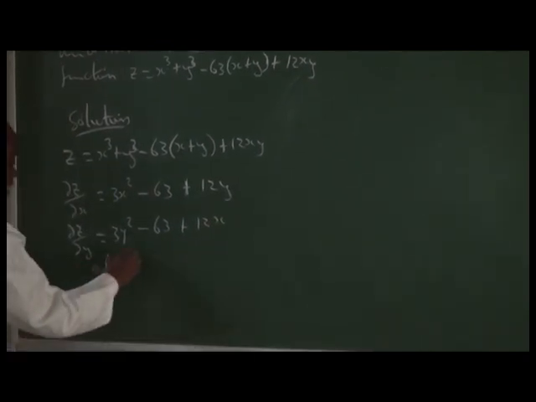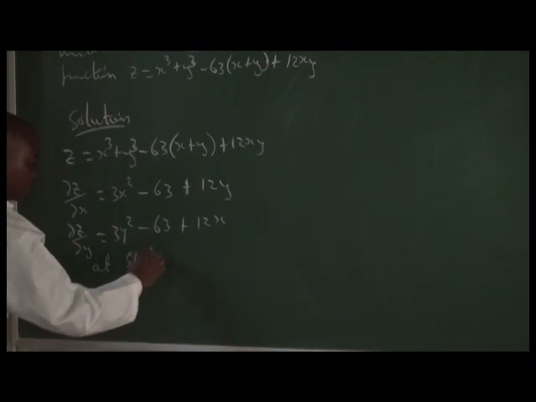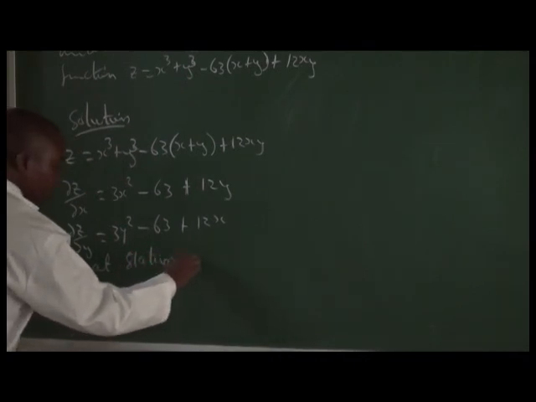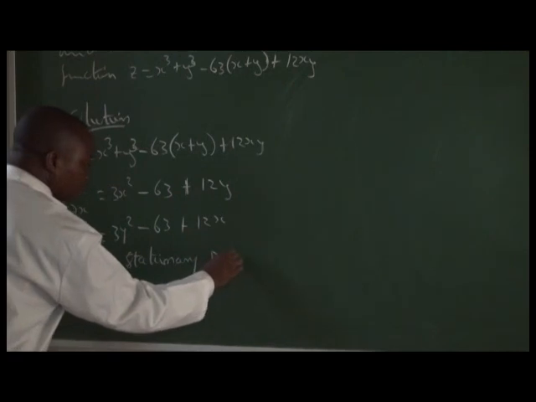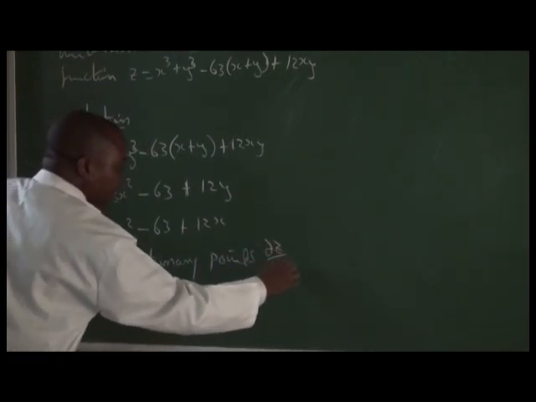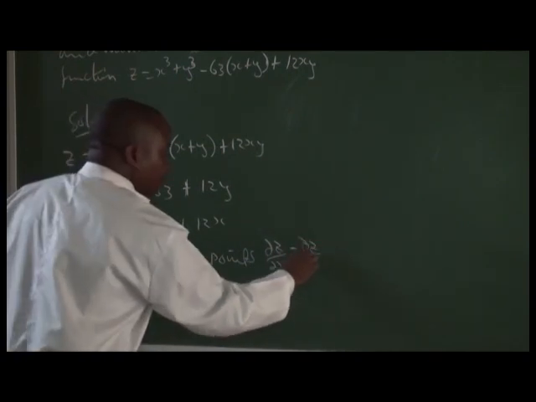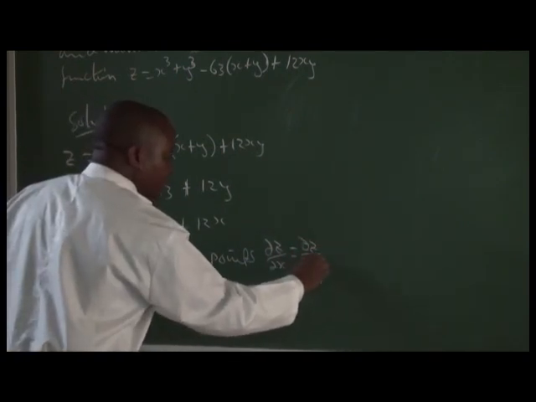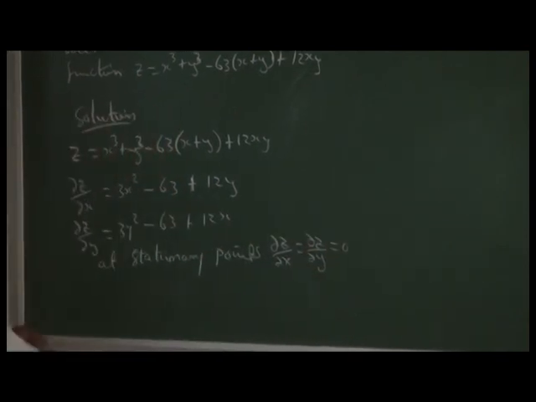So at stationary points, partial Z partial x equals partial Z partial y, which is 0.